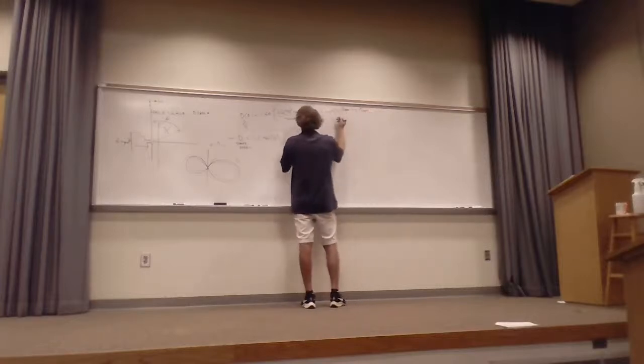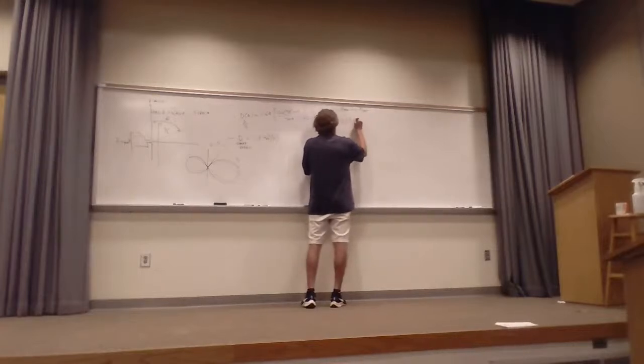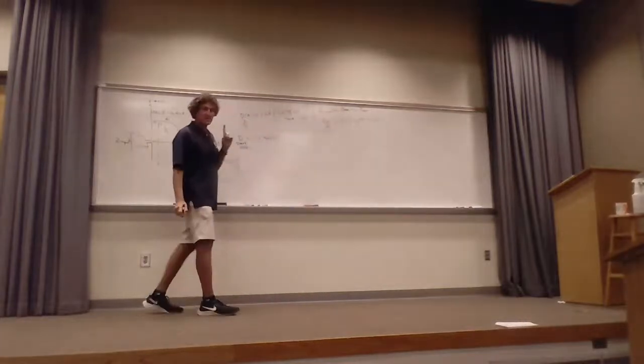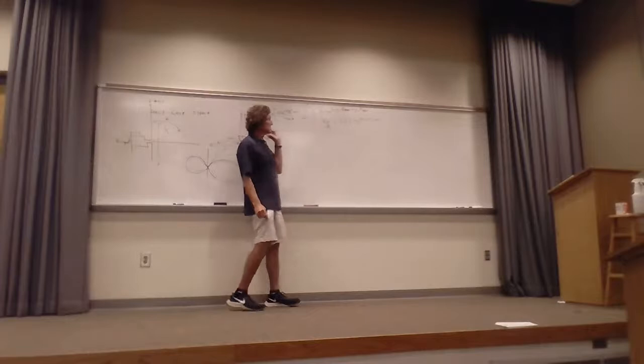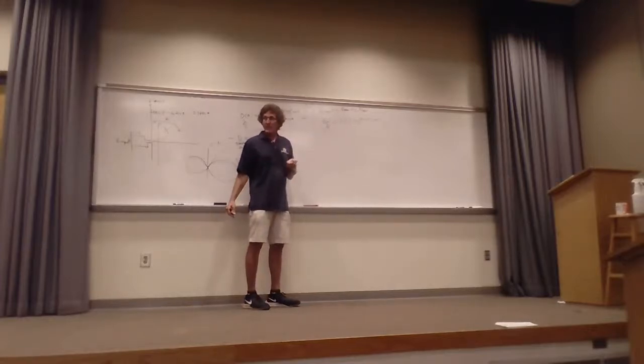So for a half-wave dipole, Zin for a lambda over 2 dipole is 73.2 ohms plus j 42.5 ohms. Now that's in his book. So this is important. The radiation resistance for a half-wave dipole is 73 ohms, roughly.